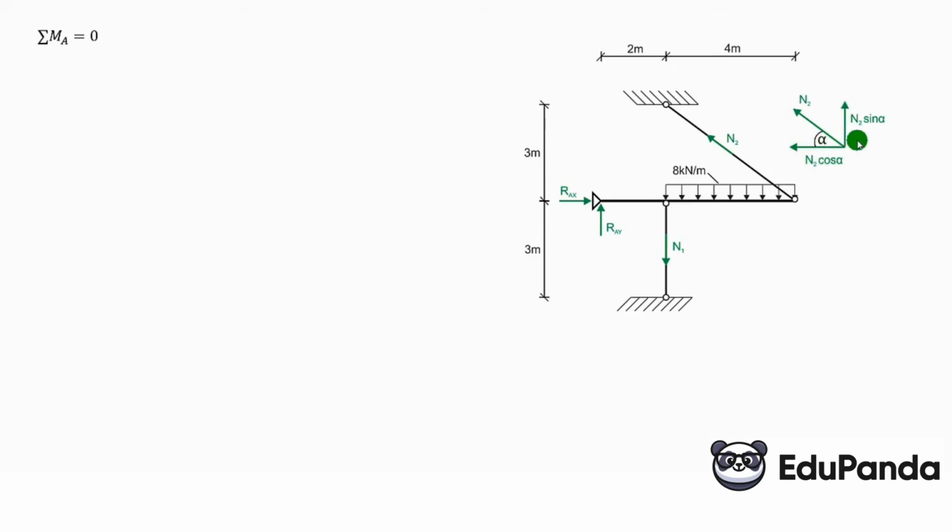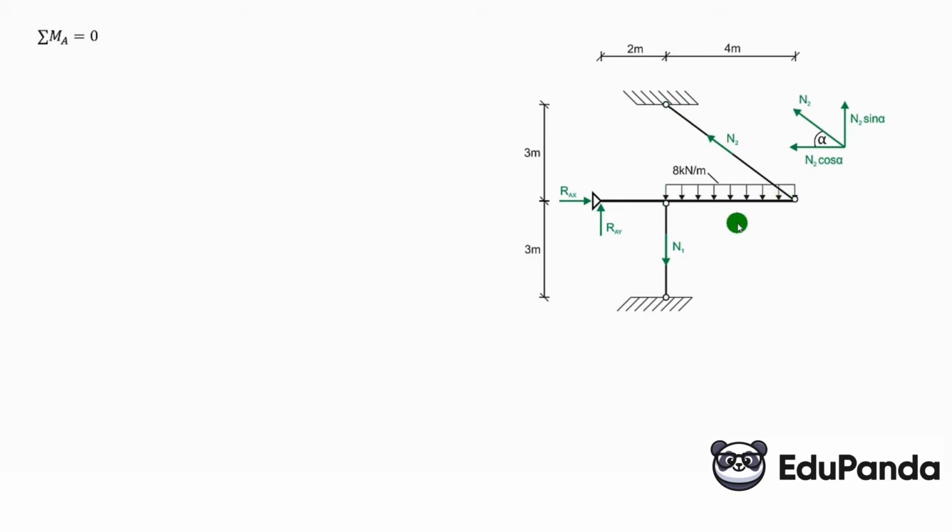This is an ironclad principle that is worth applying, so you don't have to think too much. So here will be force N2 times cosine of angle alpha, and here will be force N2 times sine of angle alpha, and we can determine cosine and sine of angle alpha because we have a length of 4 here and a length of 3 here. So from the right triangle there is no problem.